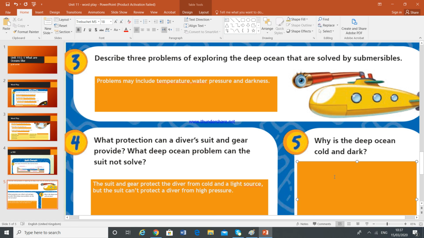It cannot go into the deeper water. So I'll just write here that sunlight cannot penetrate. The word penetrate means it cannot pass through into the deeper water. So remember the word penetrate.